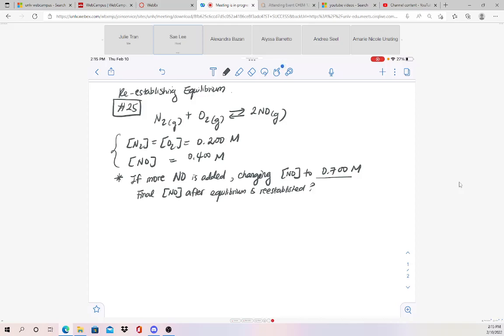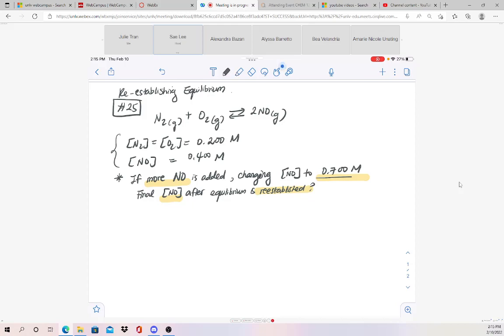Once you disturb the equilibrium, the system will try its best to re-establish a new equilibrium. So if you add more nitrogen oxide and the concentration is changed, what will be the concentration of nitrogen oxide after equilibrium is re-established?